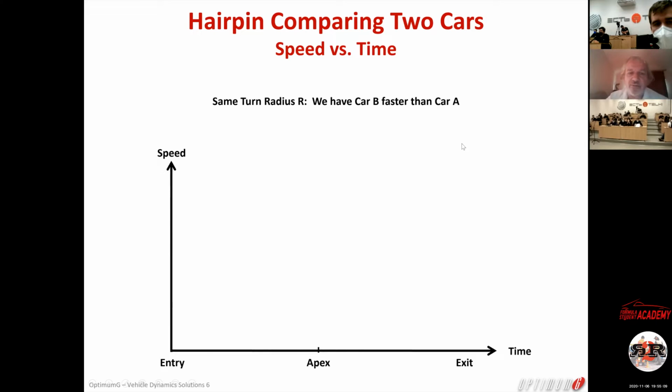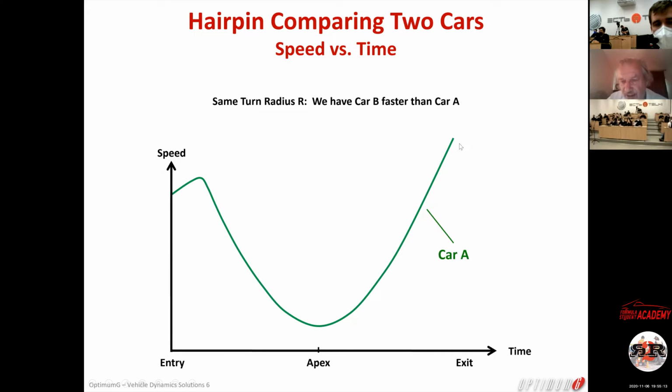All right, now, let's take an example here. You have the speed versus the time, and let's say that this is car A, okay? And I'm saying I'm a Formula One engineer, and I say to the guys, you need to work on the car because we are losing grip, we are losing time compared to a competitor at the apex.